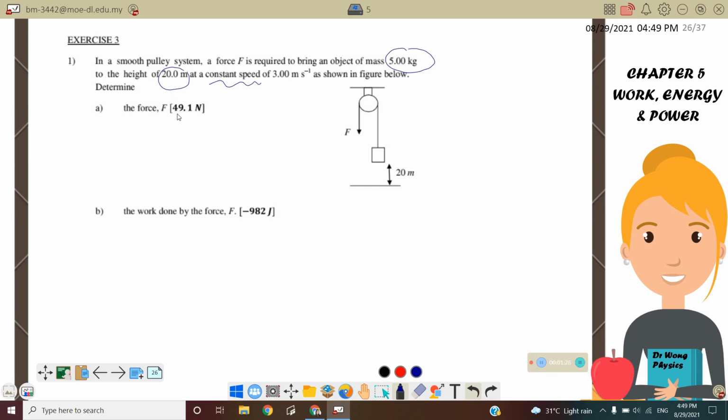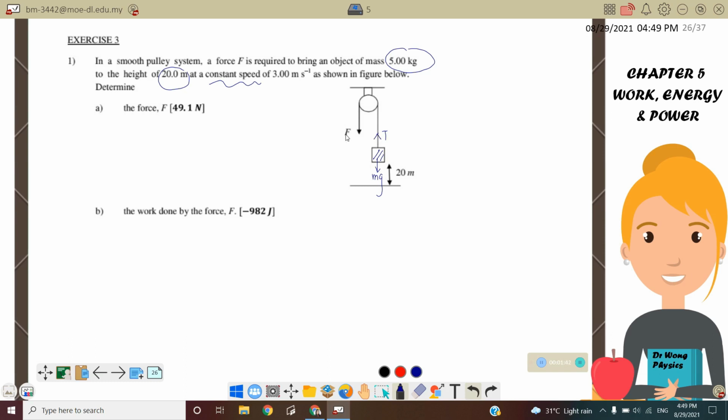For this question, we need to go back to chapter 4, forces, where we draw a free body diagram. Referring to this object, we have mg, the weight, and there is a tension.